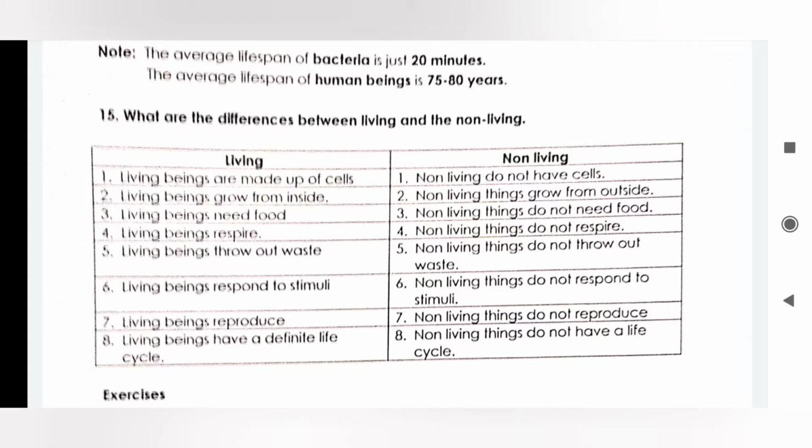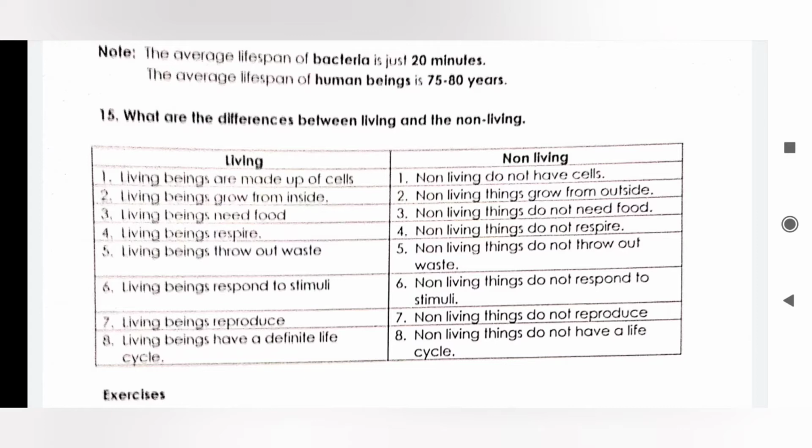Second point, living beings grow from inside. That means the growth takes place within our body itself. Metabolic reactions keep on going in our body. That's how we grow each and every day.